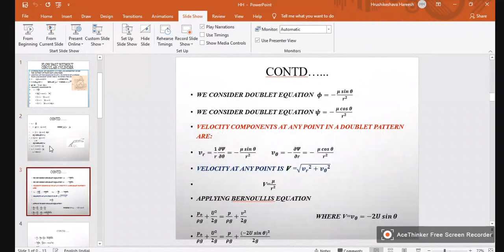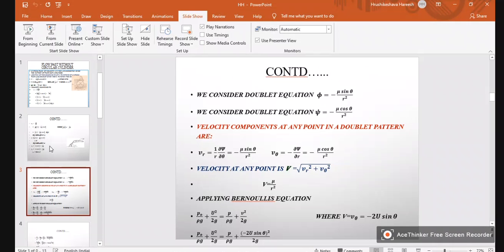We consider the doublet equation. The potential equation is minus U sin theta by R square, and the stream function is minus U cos theta by R square. Velocity components at any point in a doublet pattern: velocity in the radial direction is 1 by R dou psi by dou theta, which is minus U sin theta by R square.